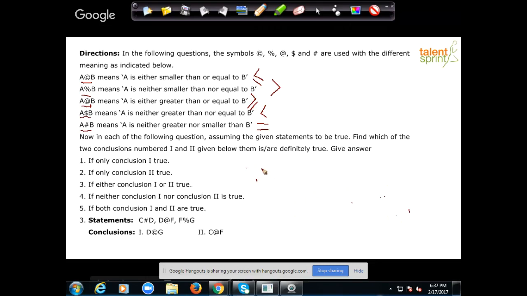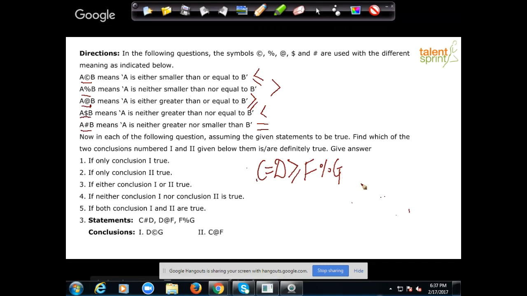Great. Let's look at here. The first statement is C hashtag D, which means that C is equal to D. Next, D at the rate F, which means that D is greater than equal to F. The next thing I have is F percentage G, which would mean that F is greater than G. Now that we have our inequality, let's look at our conclusions.